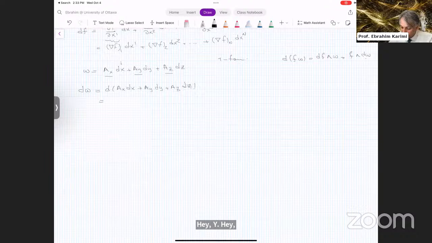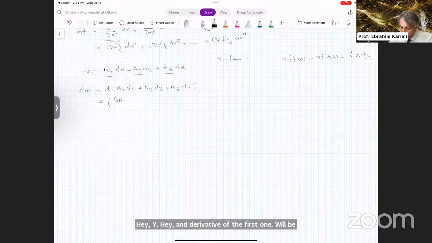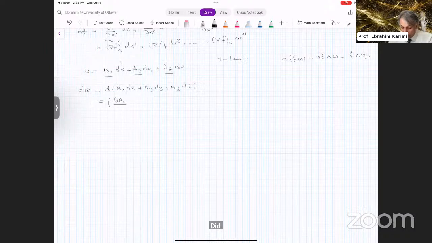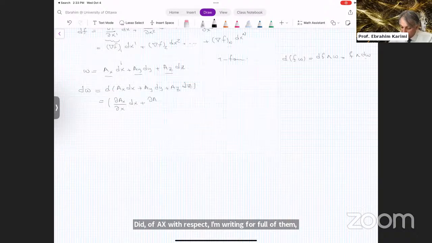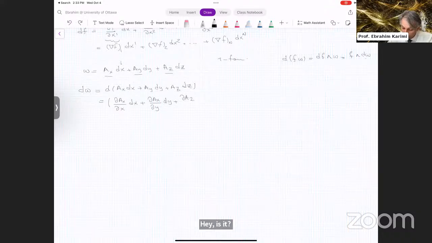The derivative of the first one will be the derivative of Ax with respect to, I'm writing for the full derivative, dx, plus the derivative of Ax with respect to y dy, plus the derivative of Ax with respect to z dz, wedge dx.